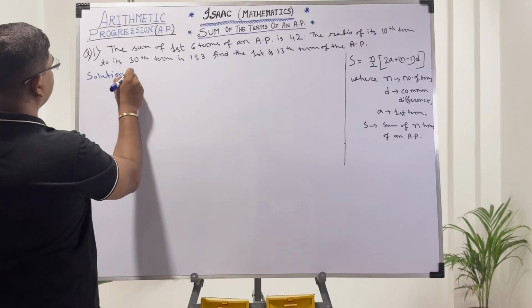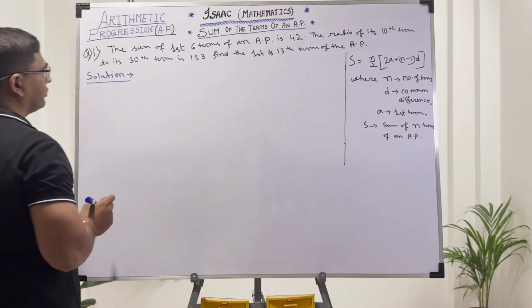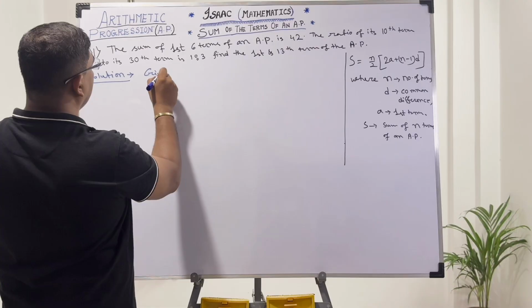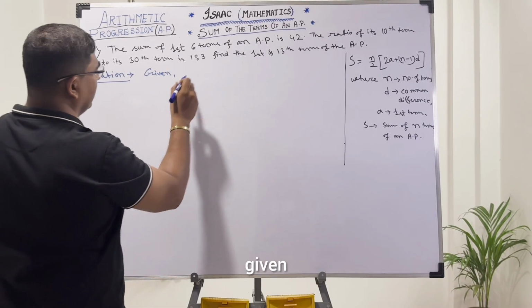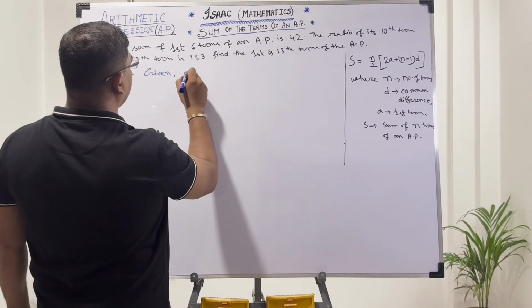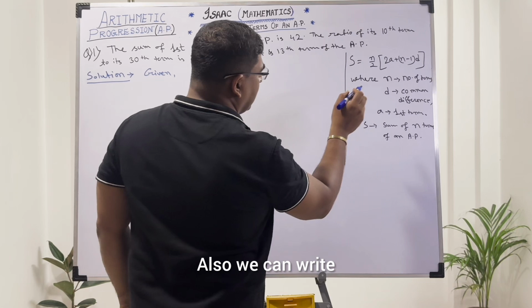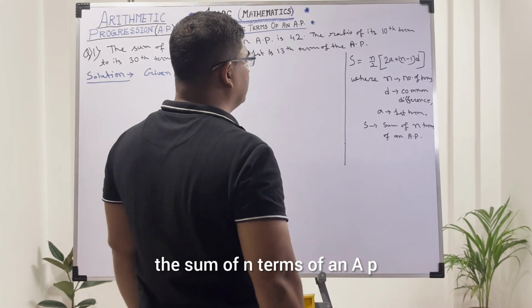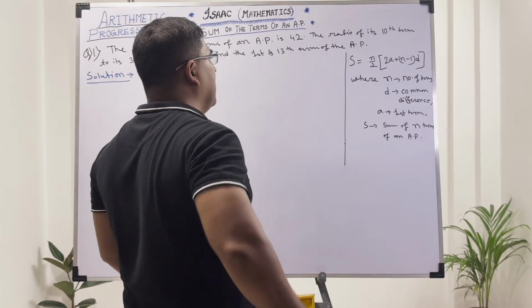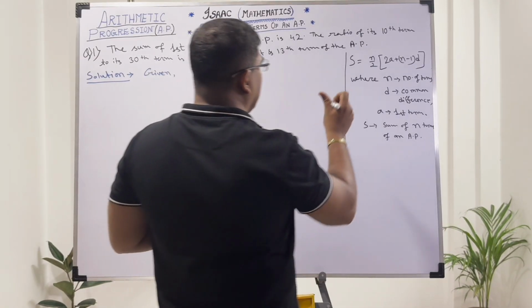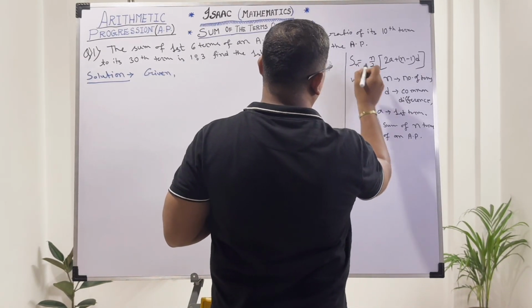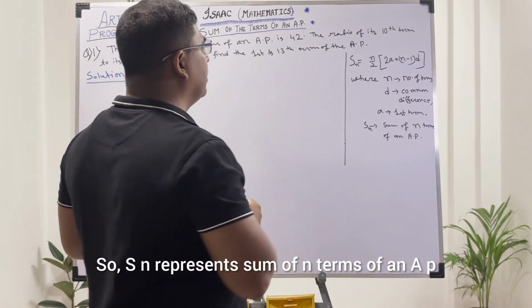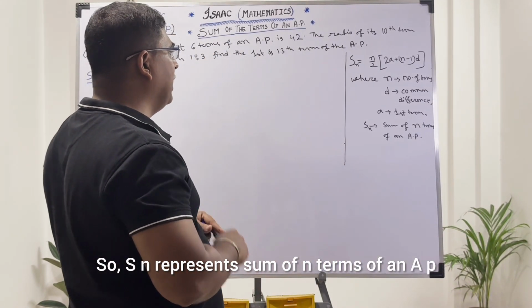Solution. Given: we can write the sum of n terms of an AP as Sn. So, Sn represents the sum of n terms of an AP.